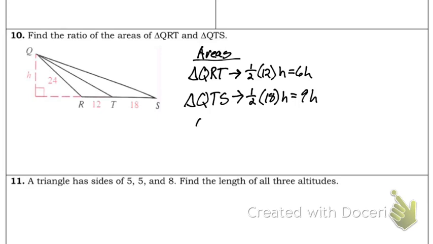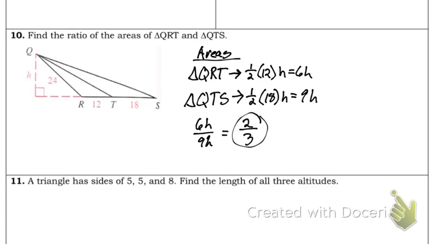So 6h over 9h, which is going to be, not 3. Wait, what? 2 over 3, wouldn't it? Yeah, 2 over 3. I thought you said the answer is 3, like 3 goes into both of them. You probably just overthought it.